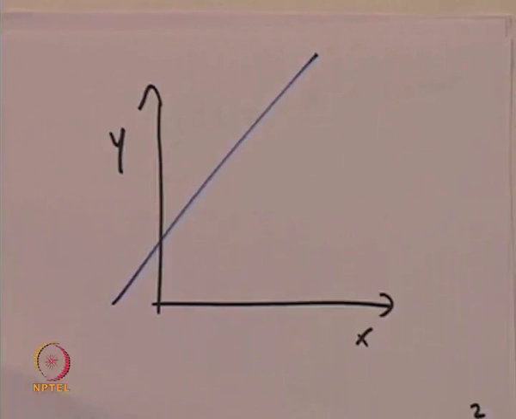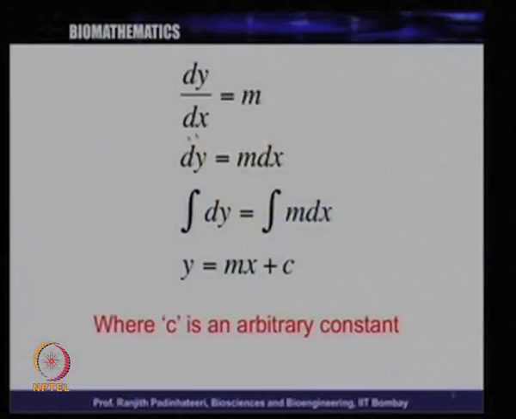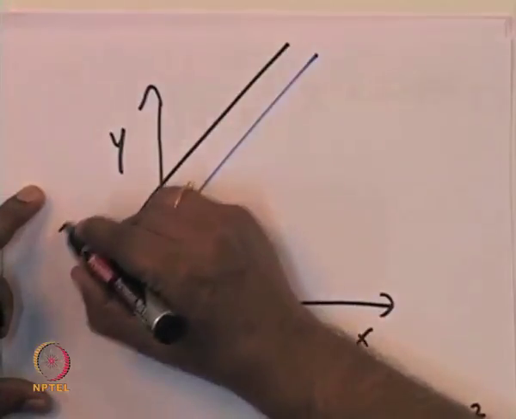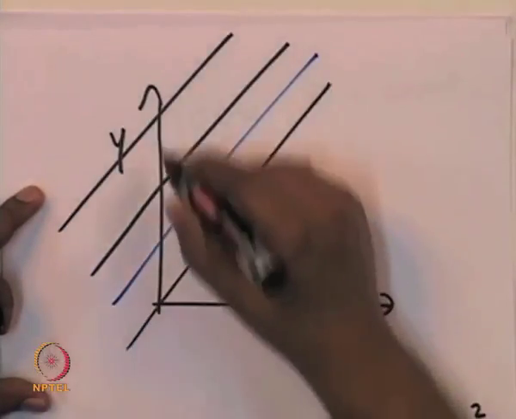But as in the slide here, we say that c is an arbitrary constant. So, c could be anything, c could be 0, 1, 2, 3, minus 1, minus 2, minus 3, anything. So, what does this mean? This means that if you integrate dy by dx equal to m, you can get a curve like this, or a curve like this, or a curve like this, because we do not know what c is.